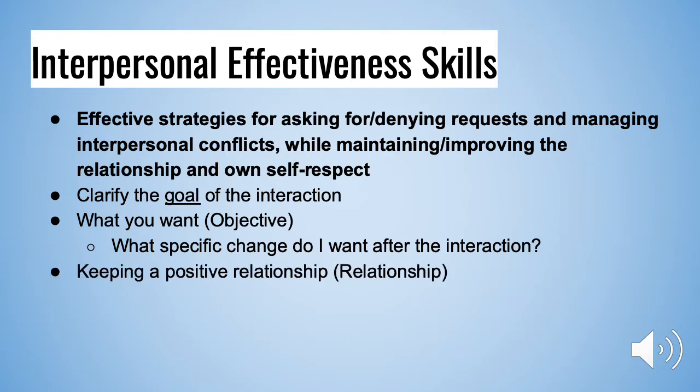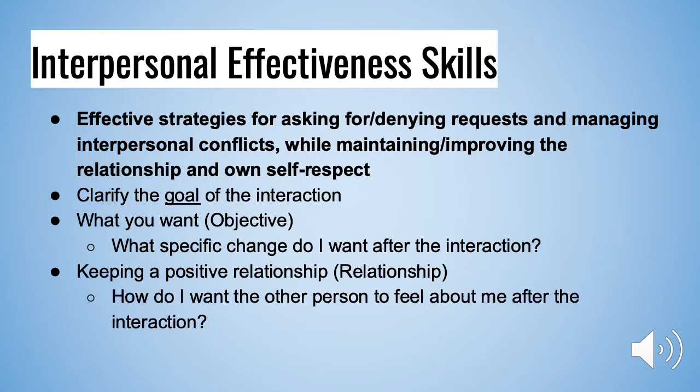Or let's say your goal is keeping a positive relationship with the other person, and you might be thinking, how do I want the other person to feel about me after this interaction? This would be focusing on relationship effectiveness skills.